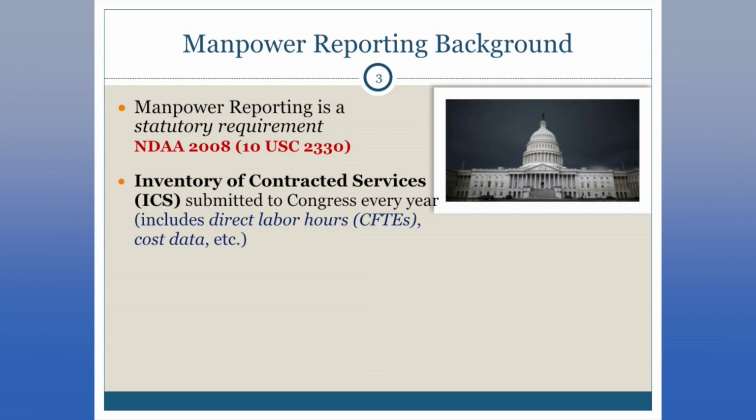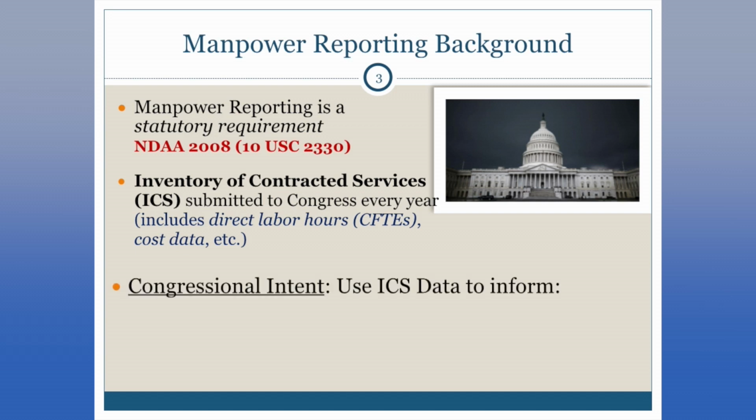That unit of measure is supposed to represent the level of work for one contractor full-time for one year, and it has been chosen by Congress as the unit of measure for an ICS. And of course, it has cost data as well. Direct labor hours are something that you'll be putting in eCMRA, that is compiled in the ICS, and we take that from eCMRA. I'll talk about that in a minute.